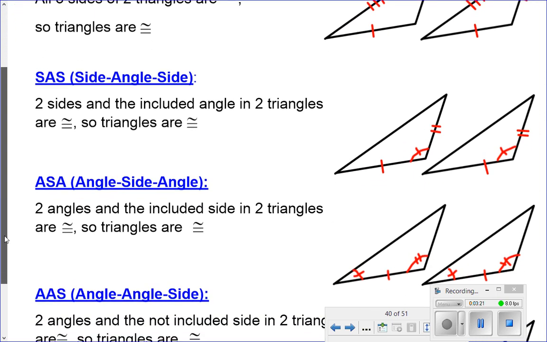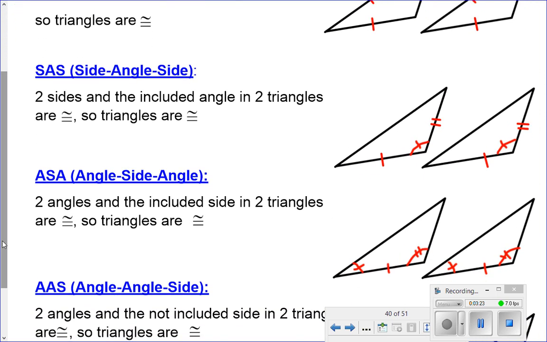Another way, now this is new information, is side, then angle, then side. Now the order that we write these in, side first, then angle, then side, or SAS, it's specifically written in that order for a reason. And here's why. If I'm looking at the picture, I have a side and then an angle and then a side.